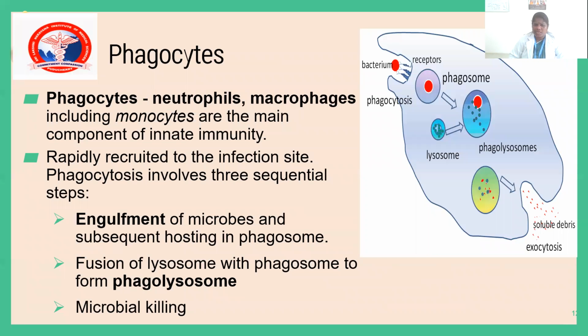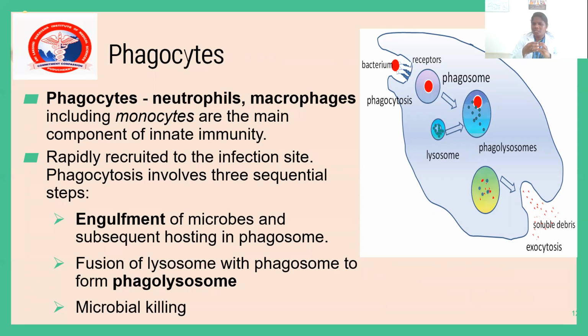A little bit about the phagocytes. I already mentioned that any bacteria or foreign antigen has a microbe-associated molecular pattern. The phagocytic dendritic cells have a toll-like receptor. It binds and the bacteria enter inside, called receptor interaction.